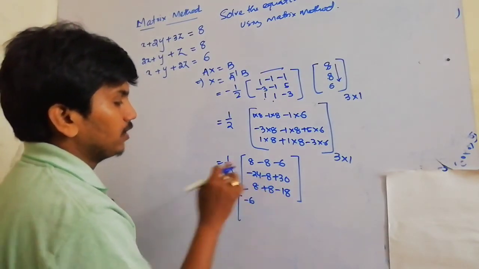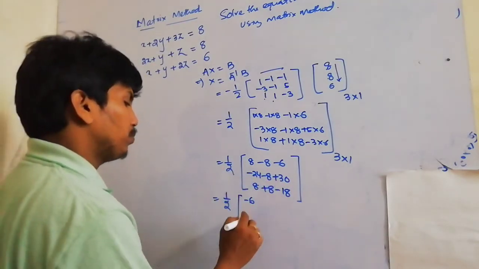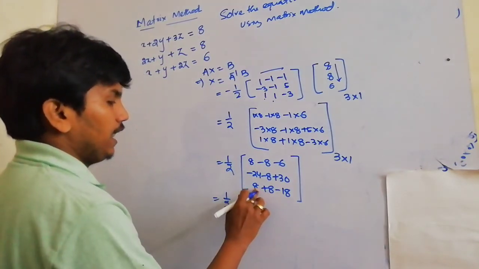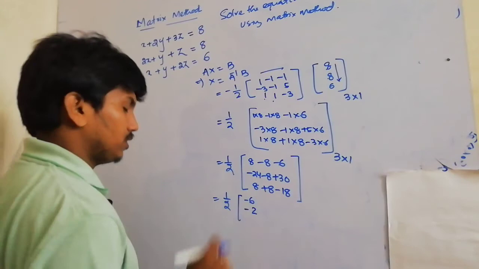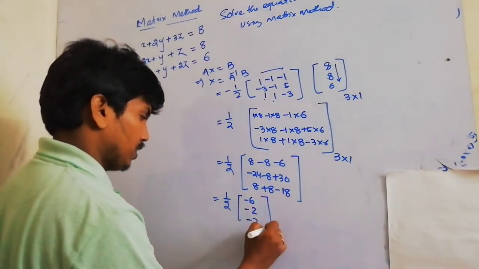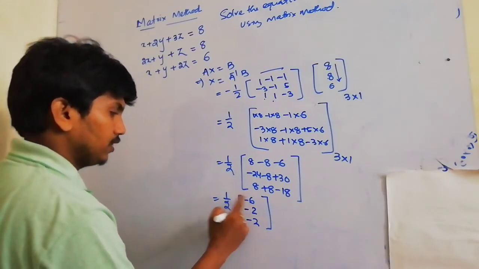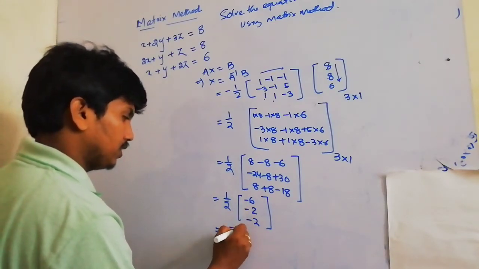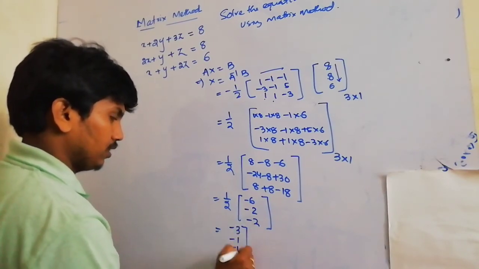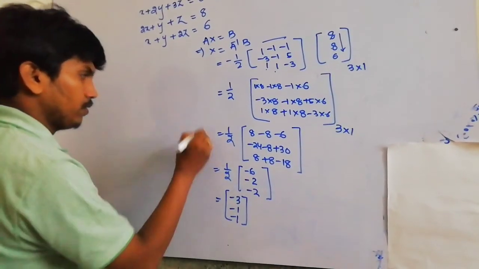Minus 24 minus 8 is minus 32 plus 30 is minus 2. 8 plus 8 is 16, 16 minus 18 is minus 2. If you divide, then minus 3, minus 1, minus 1.